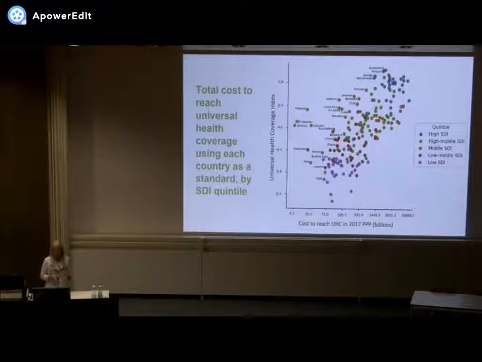And so a country like Swaziland might want to set Thailand as their standard for what they could accomplish in 10 or 11 years. And then for the next plan, they might want to set a higher standard to achieve more UHC. Sweden scored about 0.8 on a 0 to 1 scale for UHC, and that's why we used it for our standard.